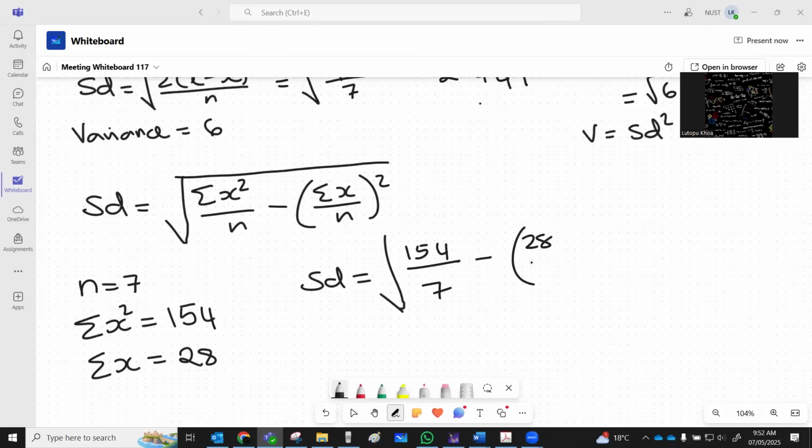This is 28 over 7 squared, and I will still get the square root of 6. So that is much faster to do than if you were just working it out individually or doing all the calculations yourself. But you can use whichever method you prefer.